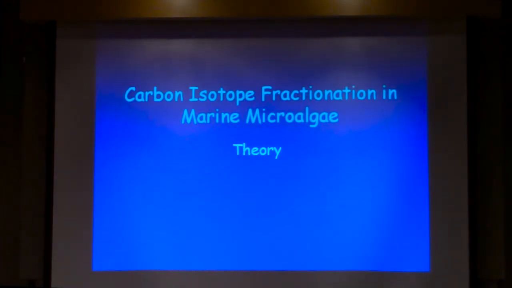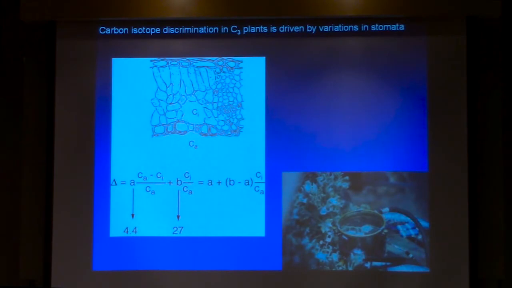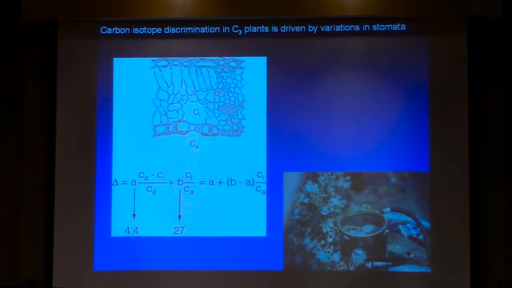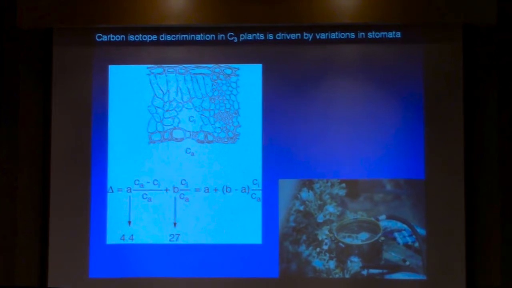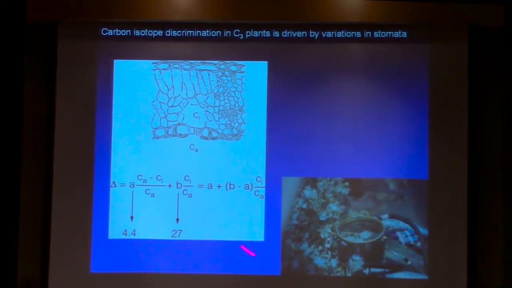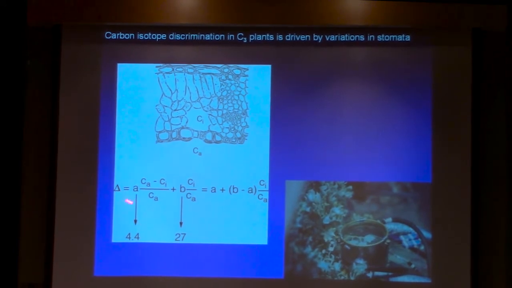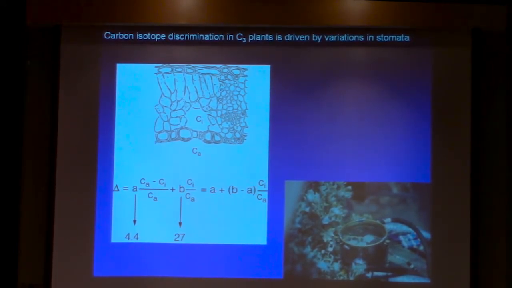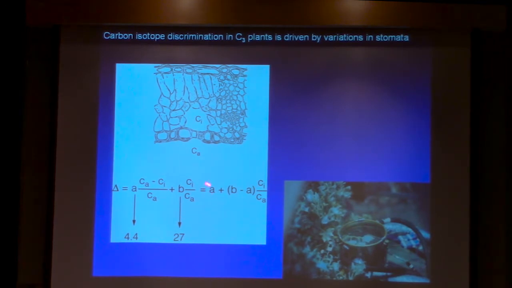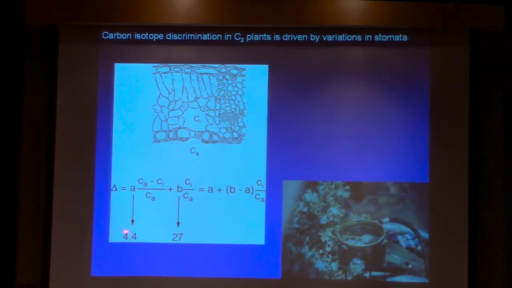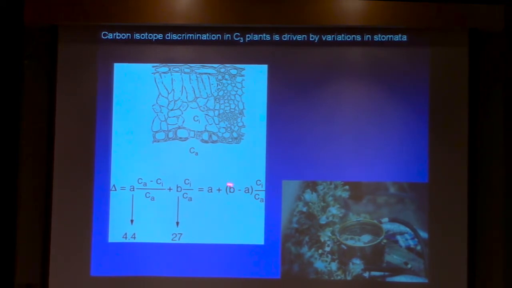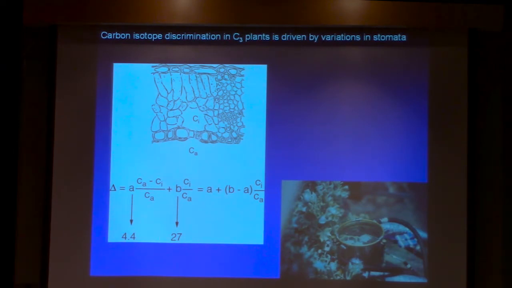We'll start off with this slide that Jim showed you. It is the work of Graham Farquhar, as well as many others. It shows that discrimination is a function of some transport, an isotope effect associated with diffusion of CO2 in air, which is about 4.4 per mil, and an isotope effect associated with carbon fixation.